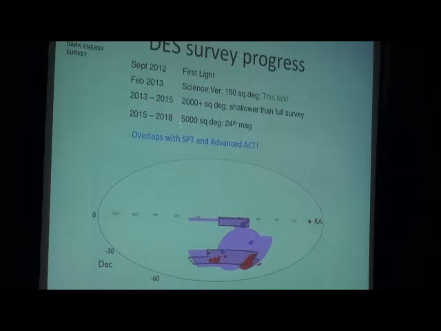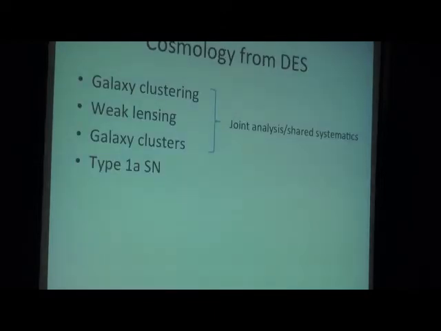But the results that we have right now are from embarrassingly old data, but that's life. Data analysis takes a long time. I'll show you those results. The cosmology program involves a joint analysis of galaxy clustering, weak lensing, galaxy clusters, and also type 1a supernovae, both from DES and outside.